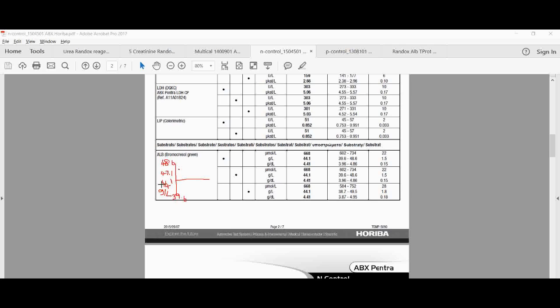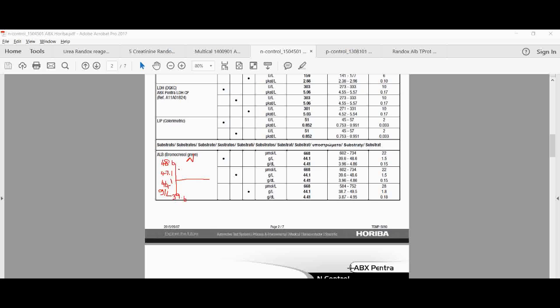and so let's say this is your N control, and your P control, you do the same. You plot your N control and your P control, and then you compare the two, and you see whether any of the Westgard rules are violated.